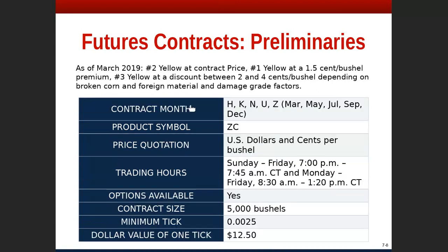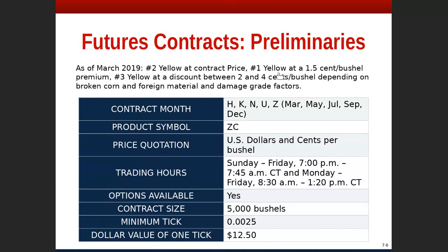Okay. This contract is for corn. Okay, as of March 2019, the corn to be delivered had to meet these requirements. It had to be number 2 yellow at contract price, number 1 yellow at 1.5 cents per bushel, and on and on.